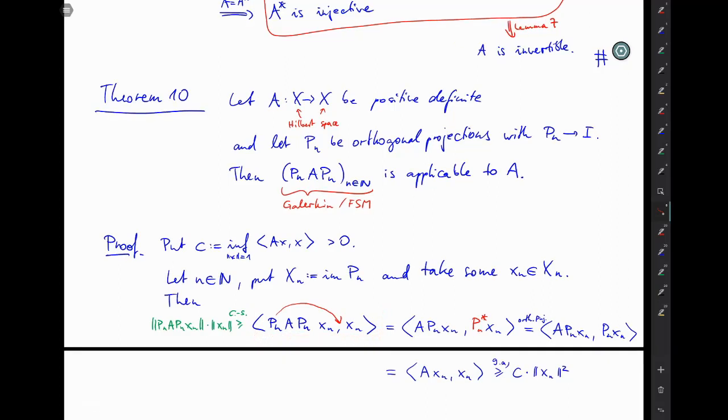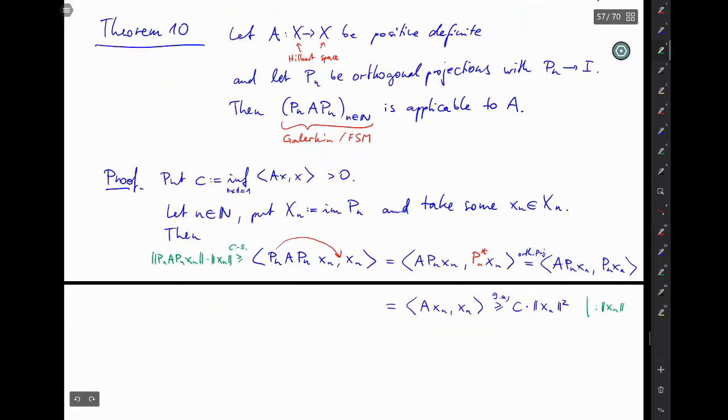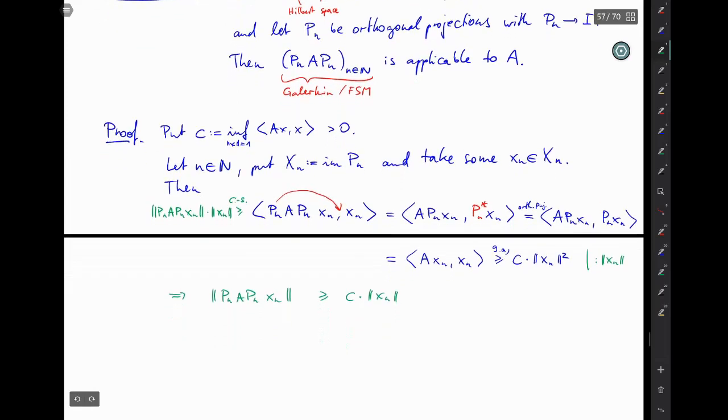Okay, and now we divide by the norm of xn, which is here, but also here, and which leaves us with the following inequality, showing that Pn A Pn as an operator from Xn to Xn is bounded from below, so it is injective and has a closed image.